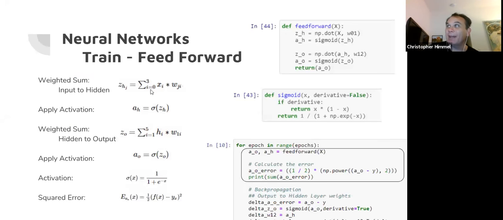If I had a big whiteboard, it'd be a lot easier to just point, but I don't have that. So we're basically doing a weighted sum of all of our x's times the appropriate weights. We take that number for each of the hidden neurons, pass it through sigma, which is our activation function, and get our activation output. This is the output of our neuron.